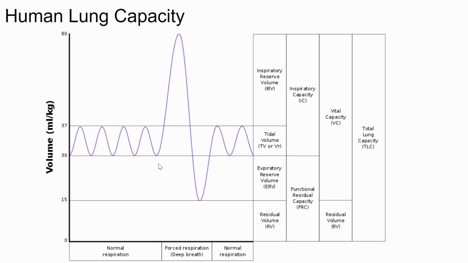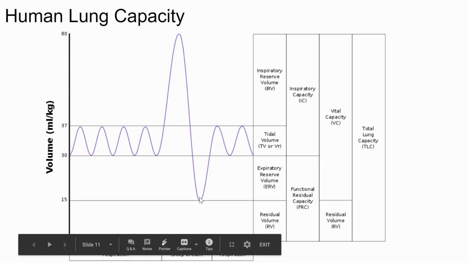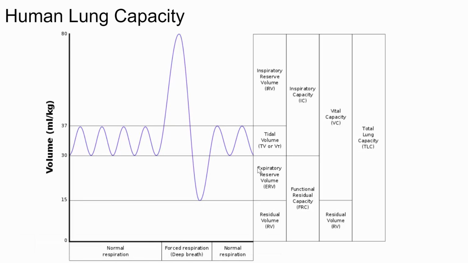If you purposefully take a very, very deep breath, you can inflate your lungs to a much larger degree. That's called your inspiratory reserve volume. And you can also force most of that air out of your lungs with a strong exhalation. And that's called your expiratory reserve volume.